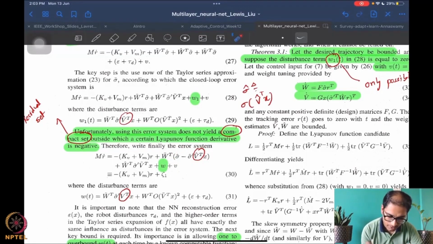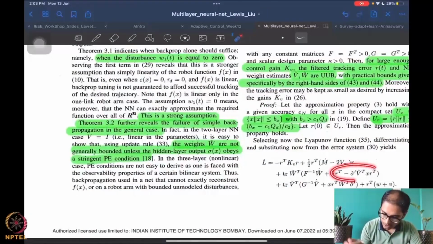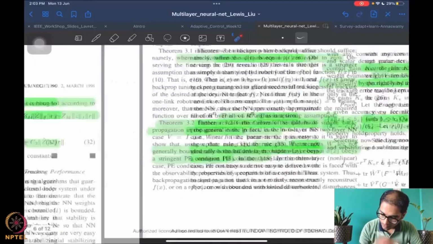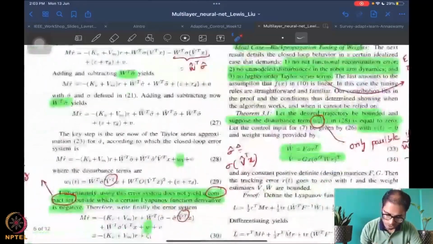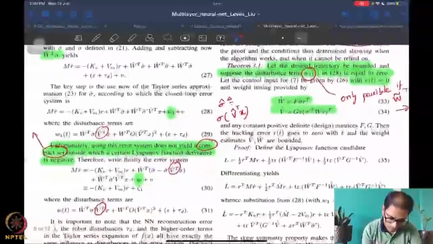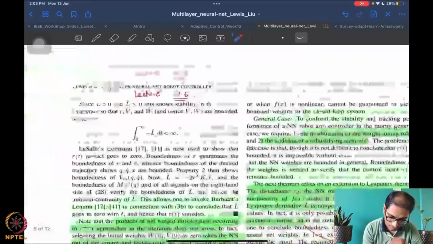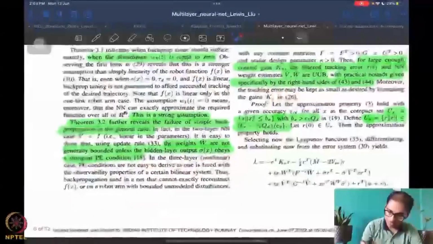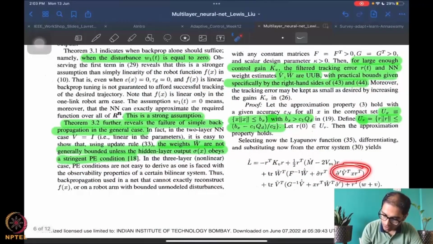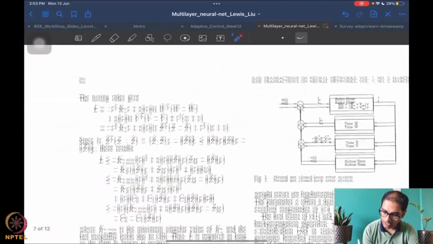This guy results in this term, and the v term is coming from this guy. So this guy accounts for the first term here. Everything else is the same. In fact, my mistake, the v is not even stated until now.